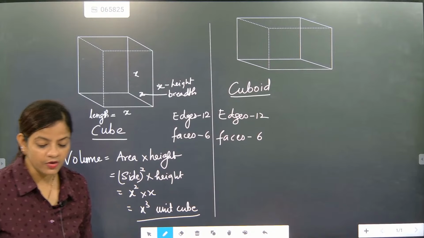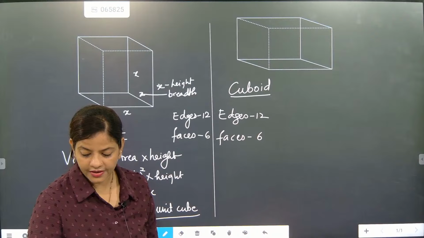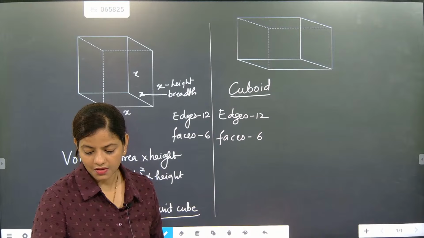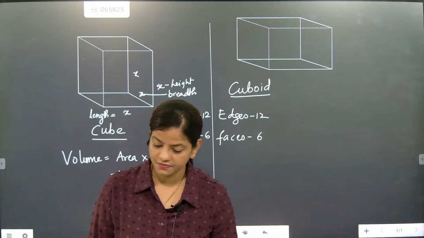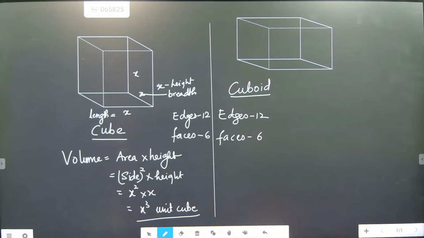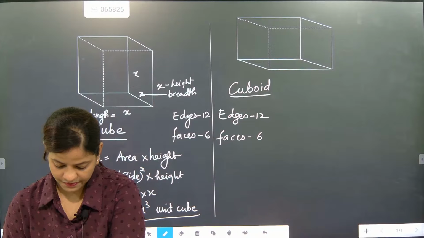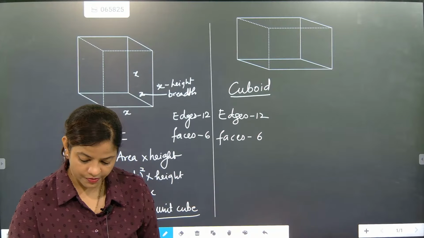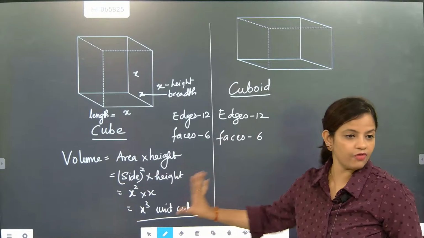Yes, so exactly what we are doing here is we are exactly writing till here. After writing this part, just one minute. So when we are writing this part, the volume is this much.